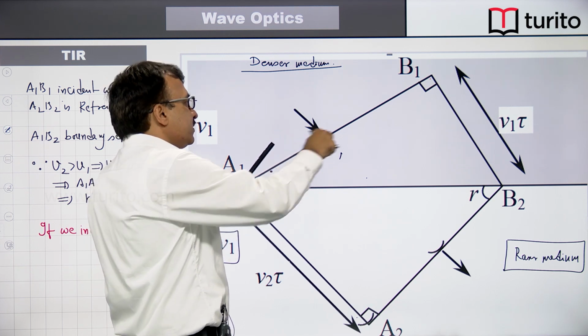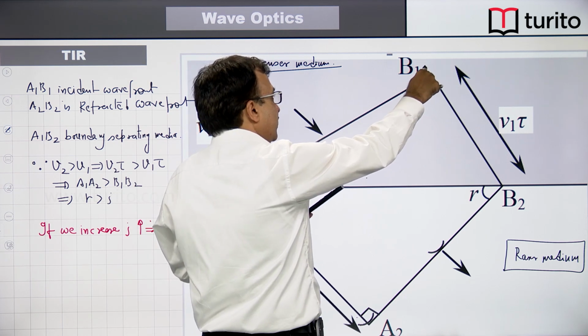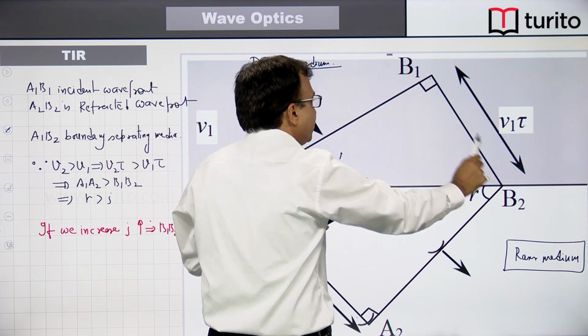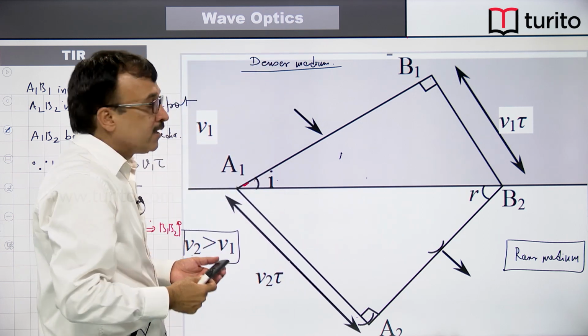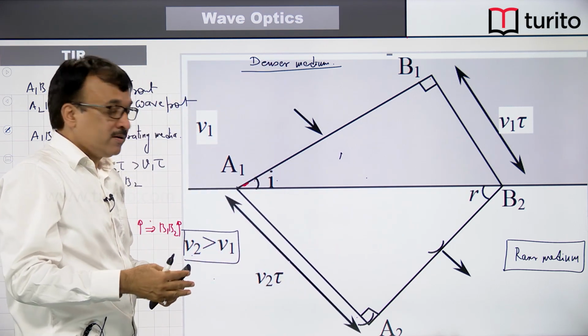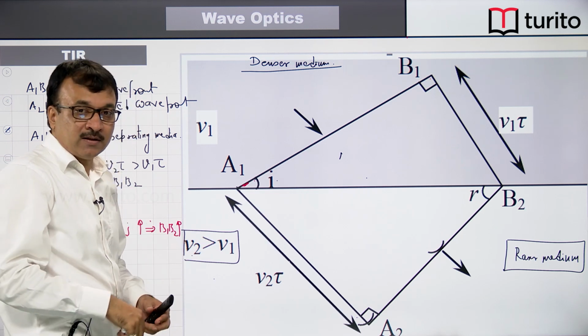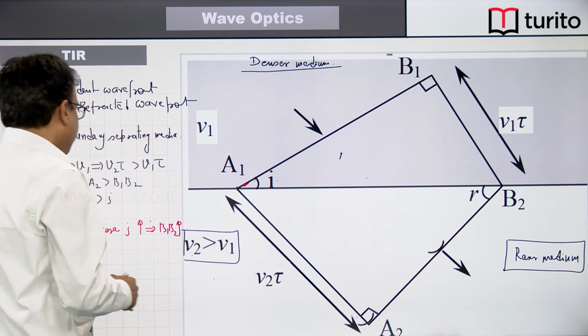So, this point now becomes more distant away from B2. So, it will take more time to reach the boundary of two media, it will cover more distance. So, distance B1 B2 increased.